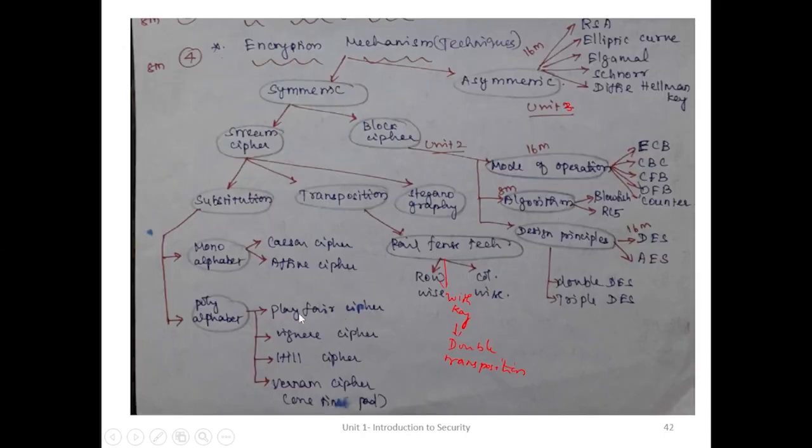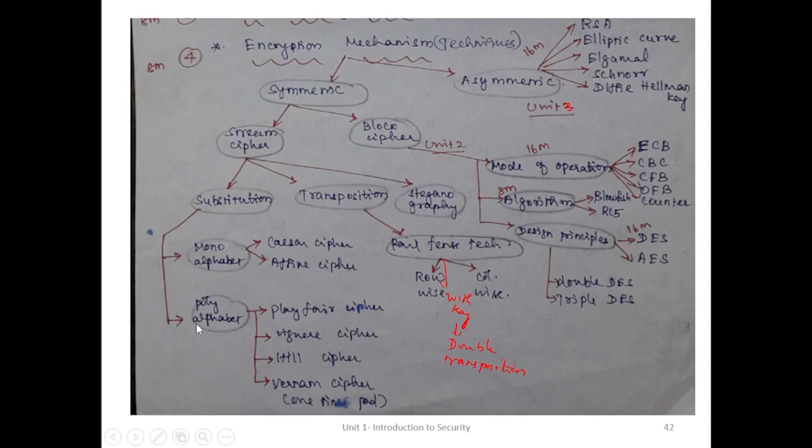So it is an overall methodology under encryption mechanisms: symmetric and asymmetric. Symmetric may be implemented as a stream cipher or block cipher. Stream cipher contains 3 types: substitution, transposition, steganography. In a substitution, if one letter is replaced with another letter, that is called mono alphabet. In a mono alphabet, the key length is 1, which means we should use only one letter as a key.